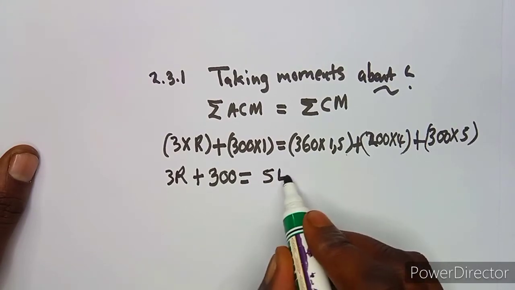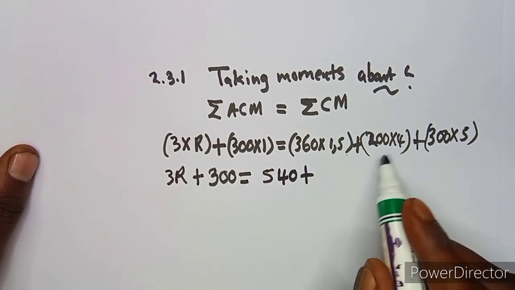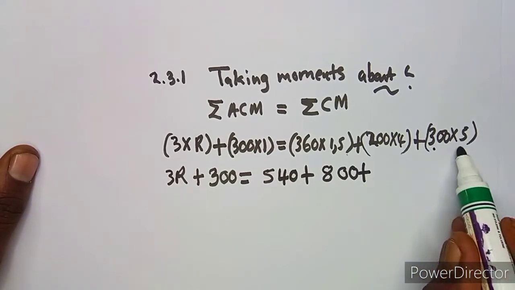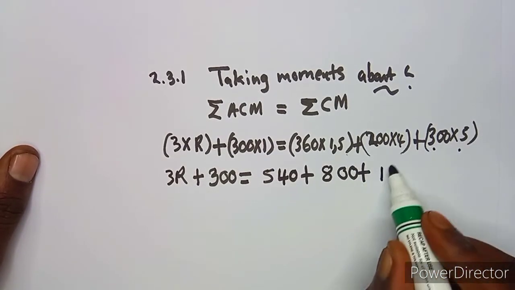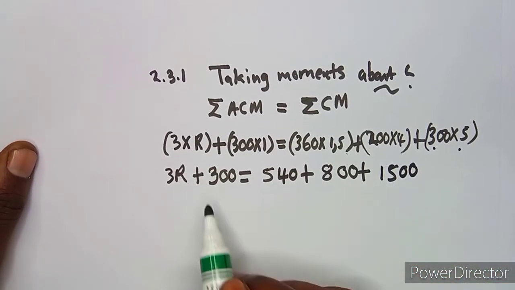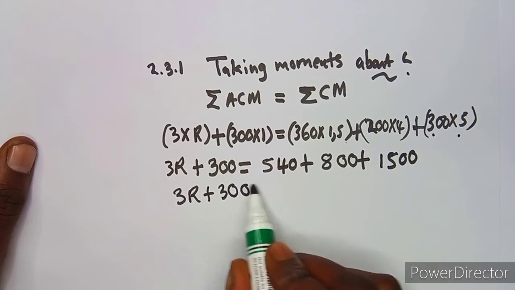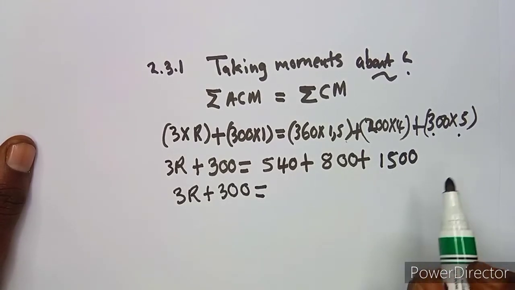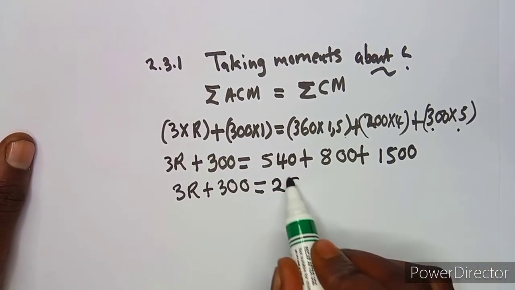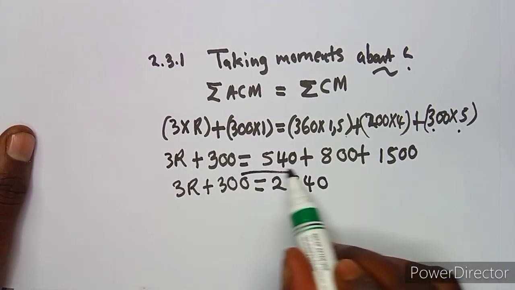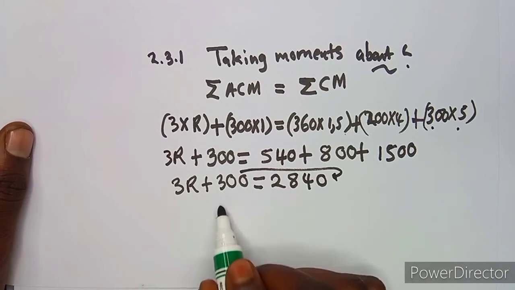If I'm not mistaken there, that's 540 plus, you multiply this, which is 800, plus 300 times 5, which is 1,500 actually. All right, so that's 3R plus 300 is equal to, you combine these, you're going to obtain 2,840.